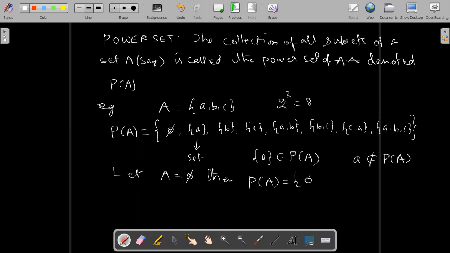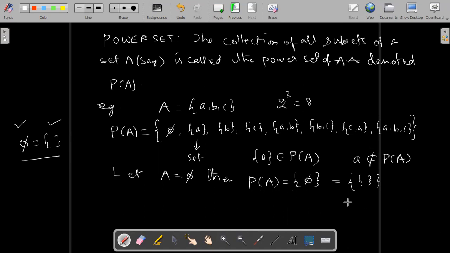We can write it like this, or we can also write phi, the empty set. Sometimes maybe you will find it written like this. It's correct.